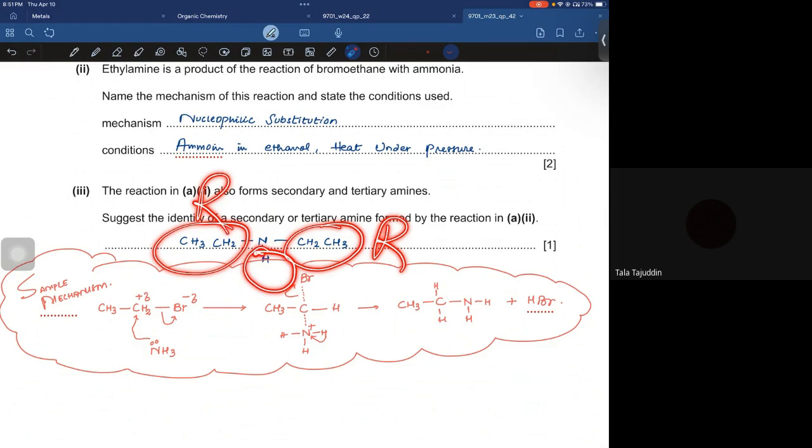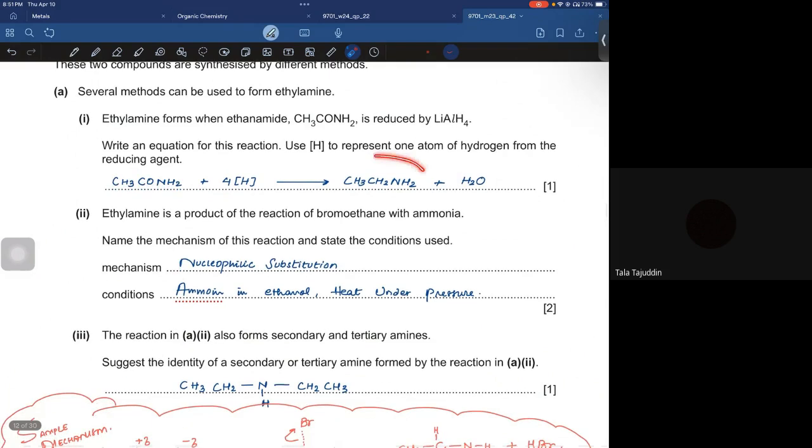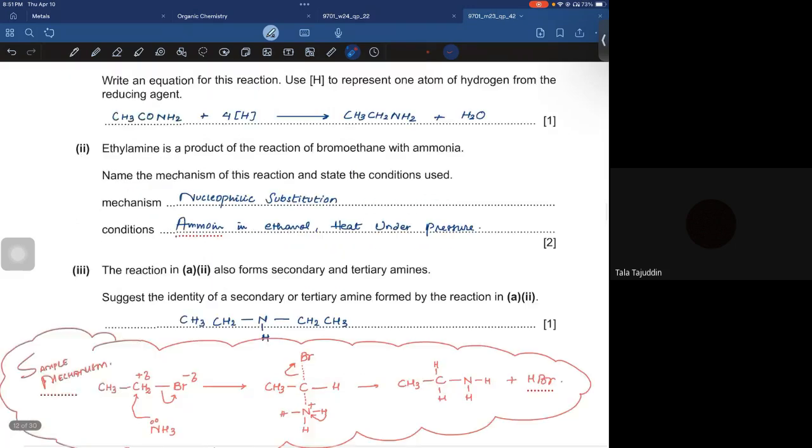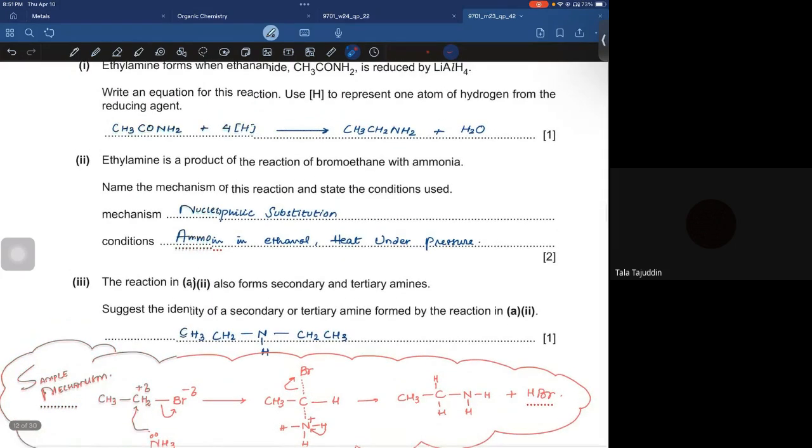So it shows that this is your secondary amine, because in the reaction in A part 2, a primary amine is formed.